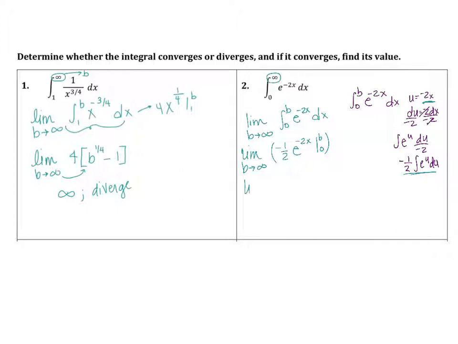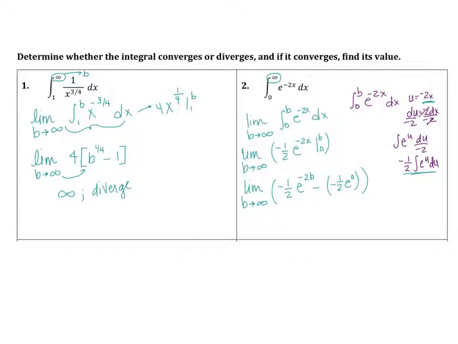And so we have our limit as b approaches infinity of negative 1/2 e to the negative 2b, and then minus negative 1/2 e to the 0.